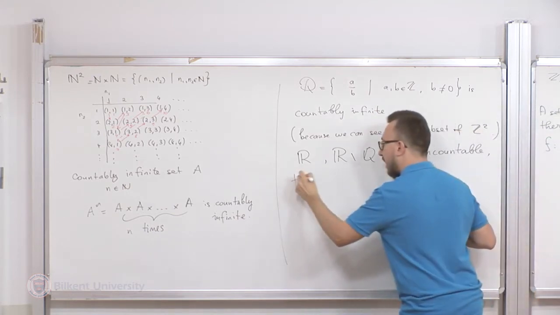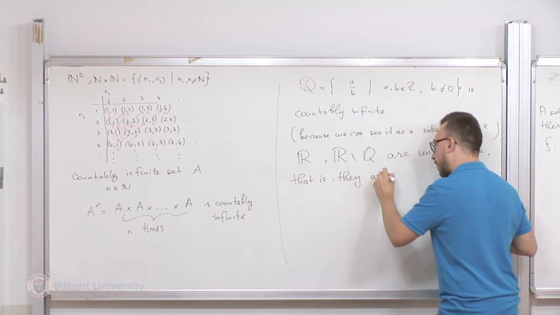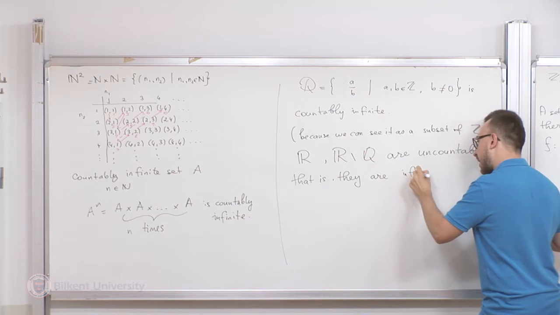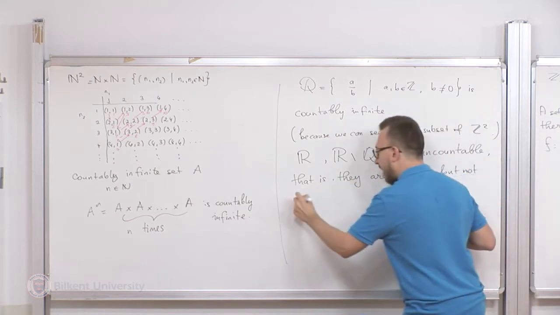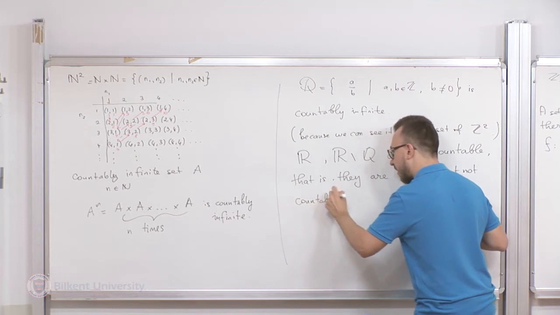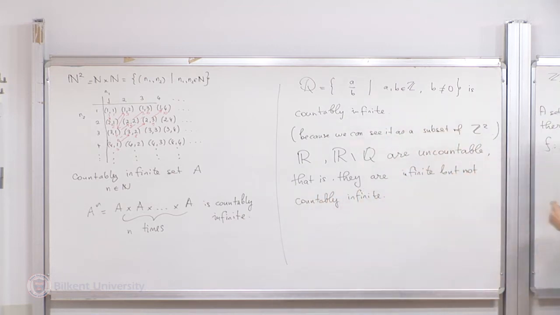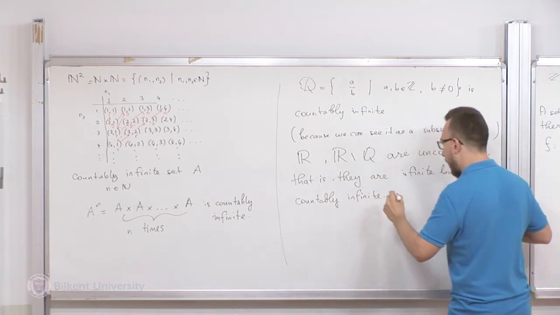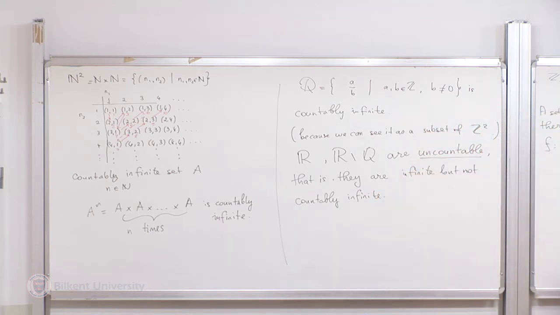That is, they are infinite but not countably infinite. So this is kind of the definition of being uncountable.